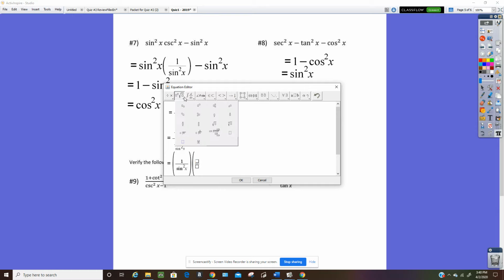So the numerator becomes sine squared x and the denominator cosine squared x. So 1 over cosine squared is equal to secant squared. The sine squares are going to cancel.